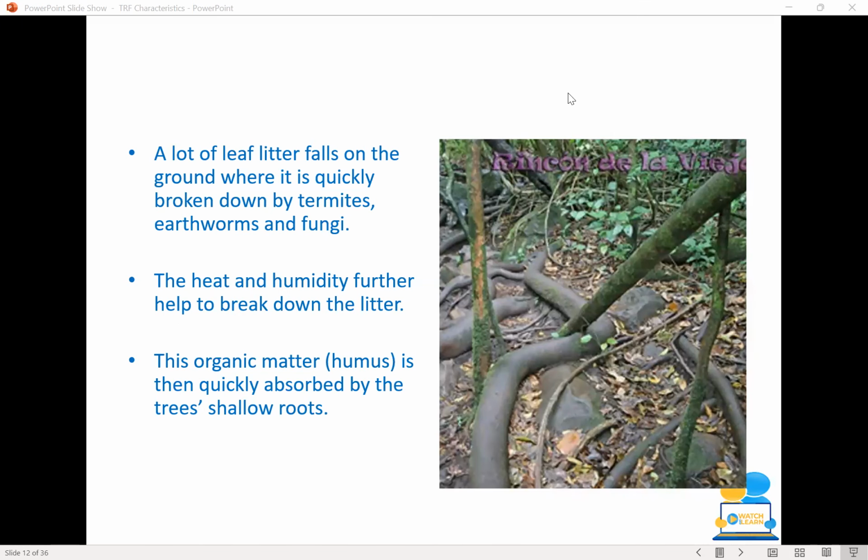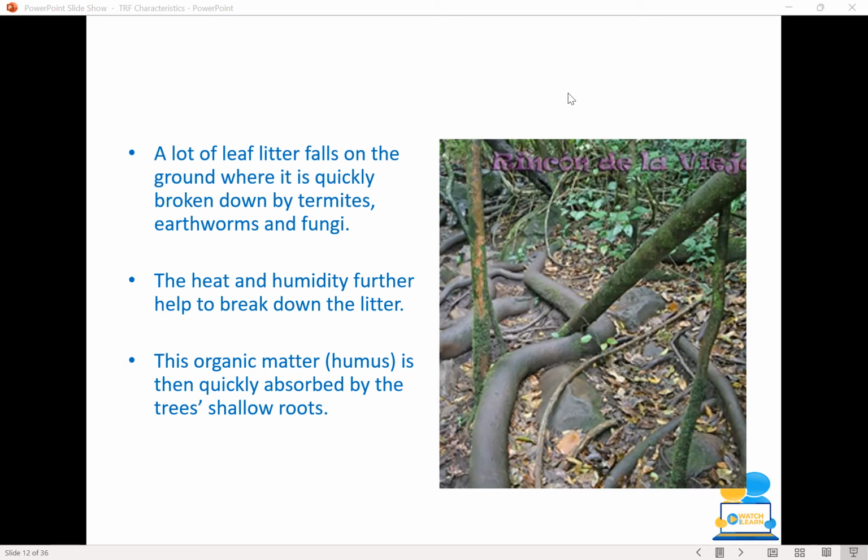As we said, a huge amount of leaf litter is required to keep this soil nutrient rich. A lot of leaf litter falls on the ground, where it is quickly broken down by termites, earthworms, and fungi. As I said already, it has a very quick nutrient cycle.